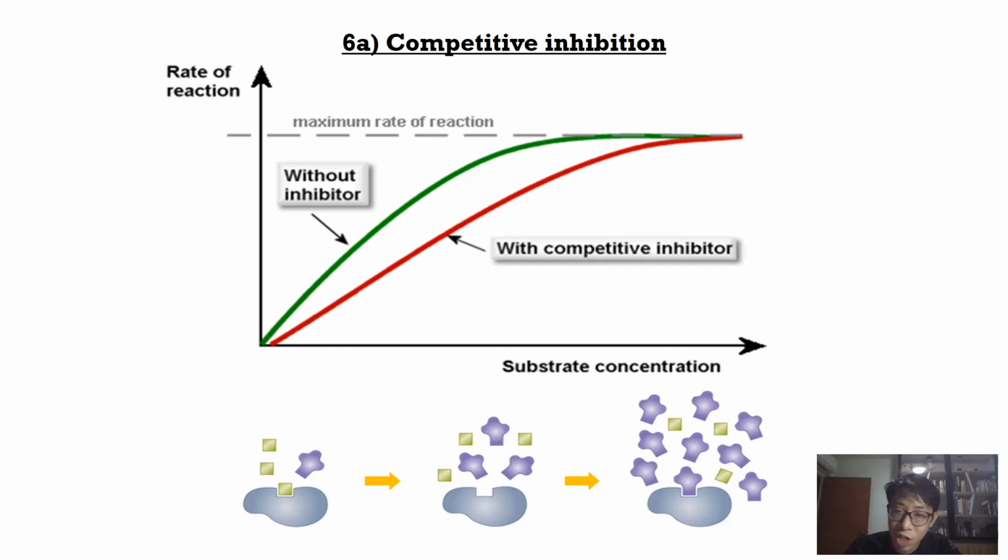The competitive inhibition is overcome. So it can achieve the same Vmax, but the substrate concentration at which Vmax is achieved is much higher compared to when the competitive inhibitor is absent, as shown here. This substrate concentration is required in the presence of the competitive inhibitor for Vmax, versus this one, which is much lower without the competitive inhibitor.